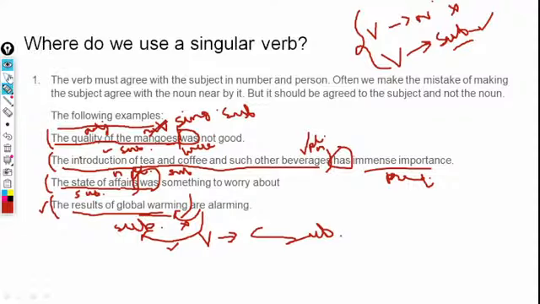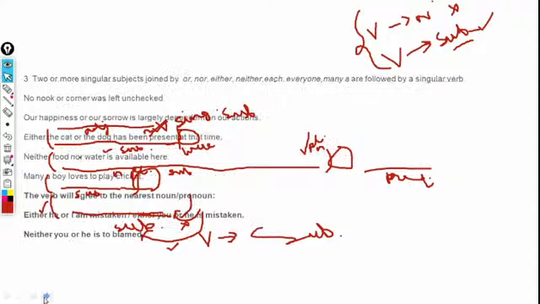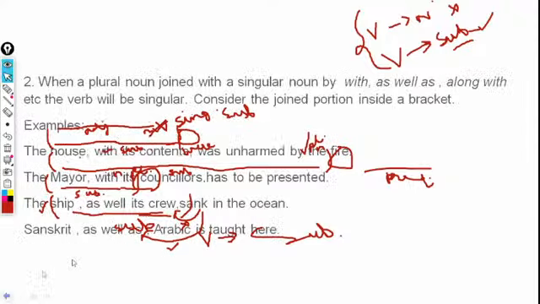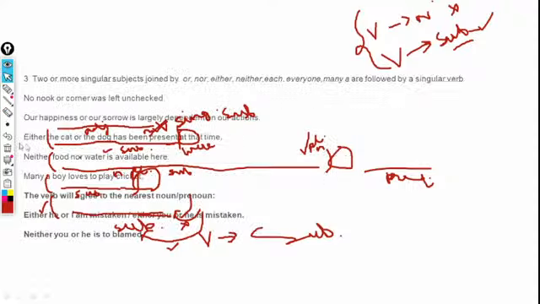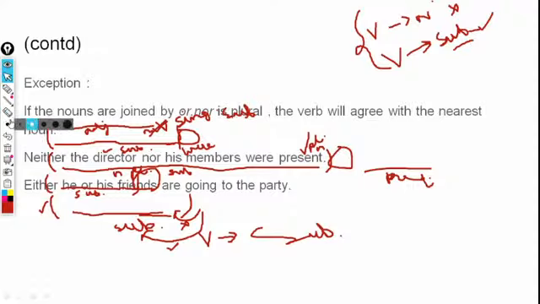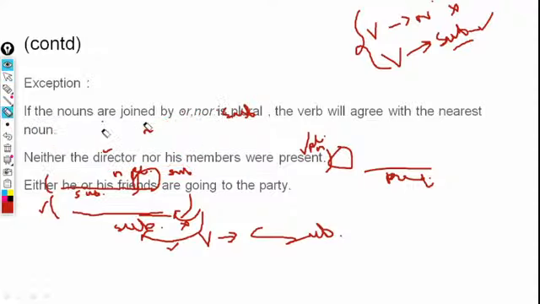The next is, okay, let me erase this entire thing so that I can write properly again.